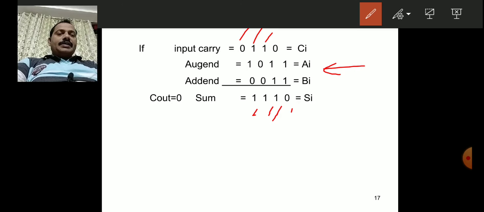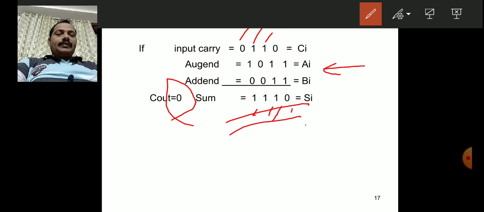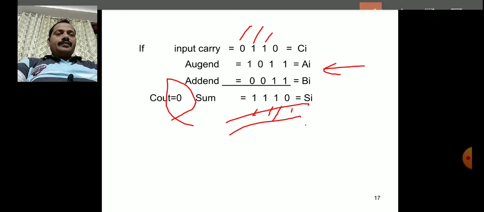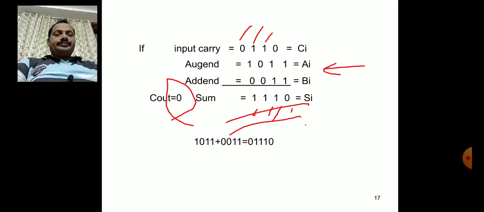There is no carry, so the final carry is 0. This is the result.